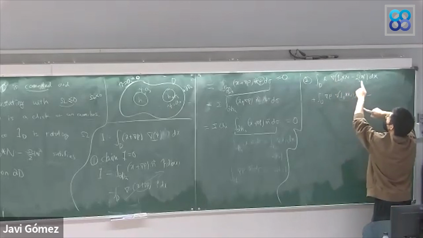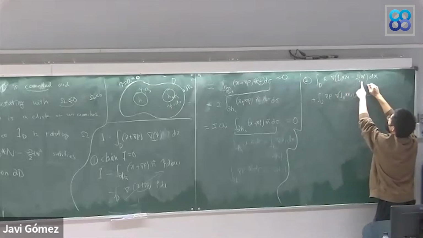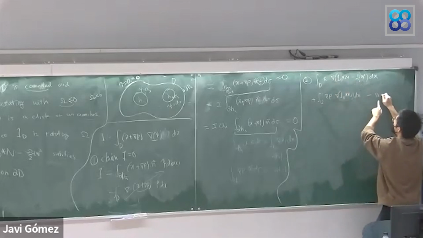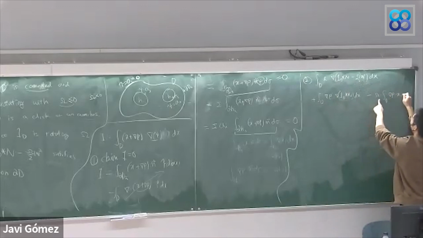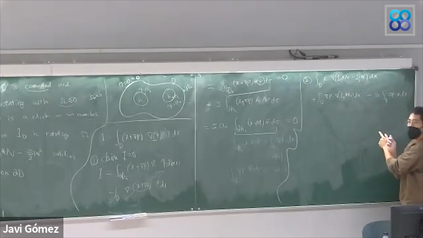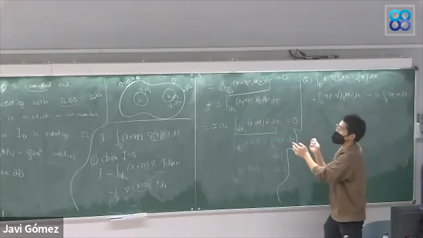If the gradient hits this guy, then we get omega times x, right? So we can write it as grad p times x dx. So I just did the distribution.